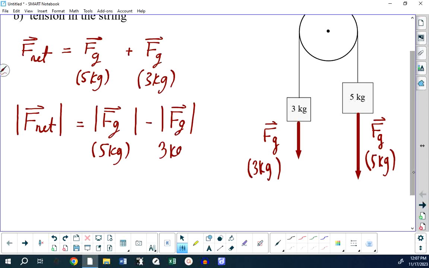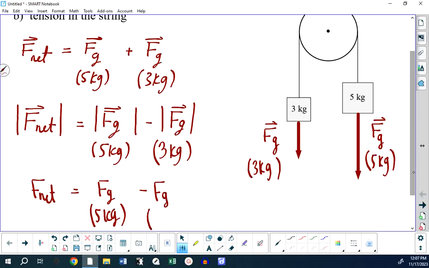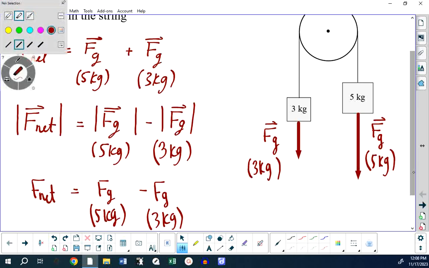Now this is just the way I do it. You could certainly do it by writing the following: F net without a vector symbol equals Fg on the 5 kilogram mass without the vector symbol minus Fg of the 3 kilogram mass without the vector symbol. These two equations mean the exact same thing.